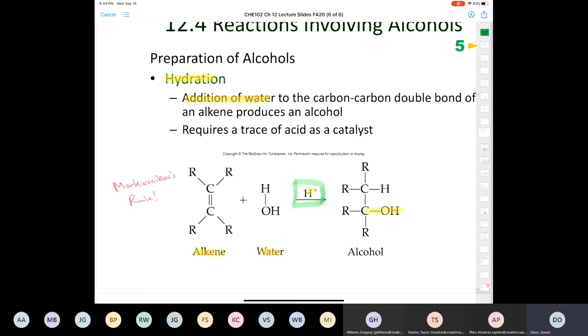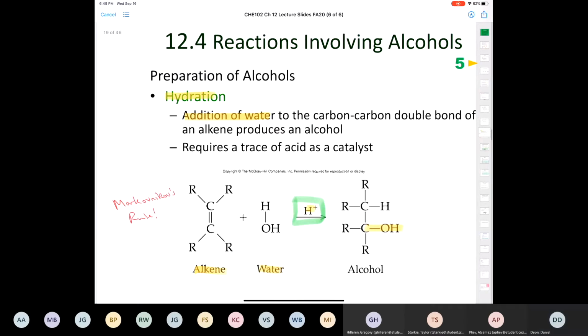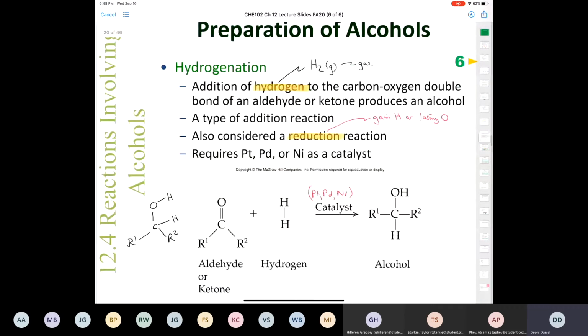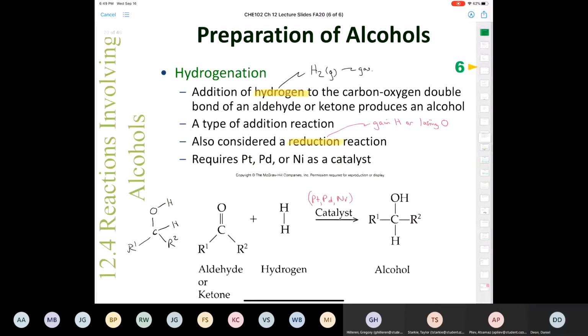It's not my grade. Anyhow, so let's cover the reactions that we've looked at this evening. We've looked at preparation of alcohols with a hydration reaction. That's something that we already covered in the alkenes chapter. We already studied Markovnikov's rule. We looked at hydrogenation, okay?